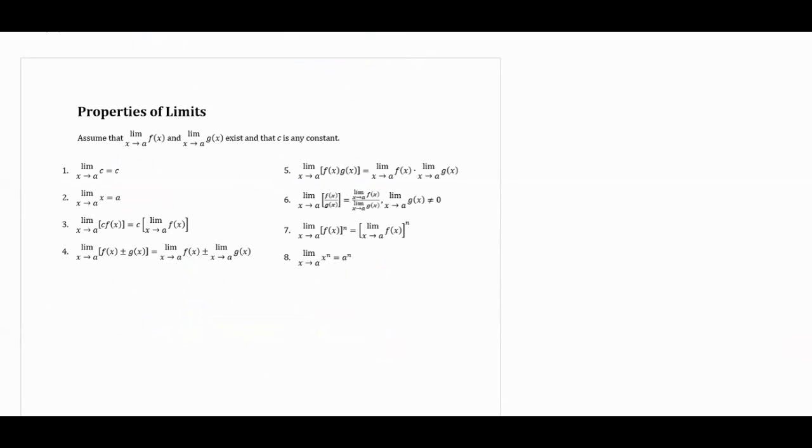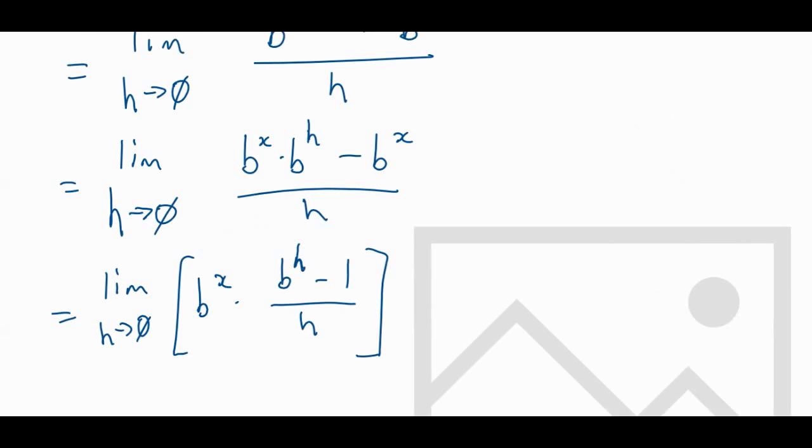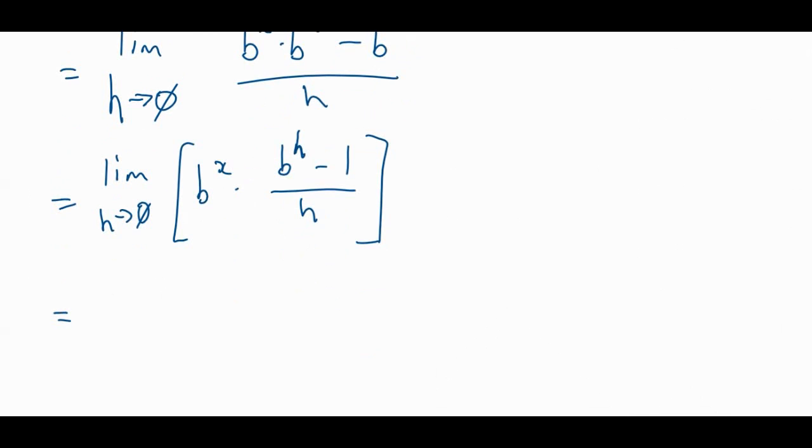So by properties of limits, property number 3, we've seen this before. If I have a constant times a function, I can bring the constant out. This is a limit in terms of x, so the variables are a little bit messed up, but I think you can believe me on this one. So I can bring the b to the x out, not just separate the limits. I can bring this straight out of the limit.